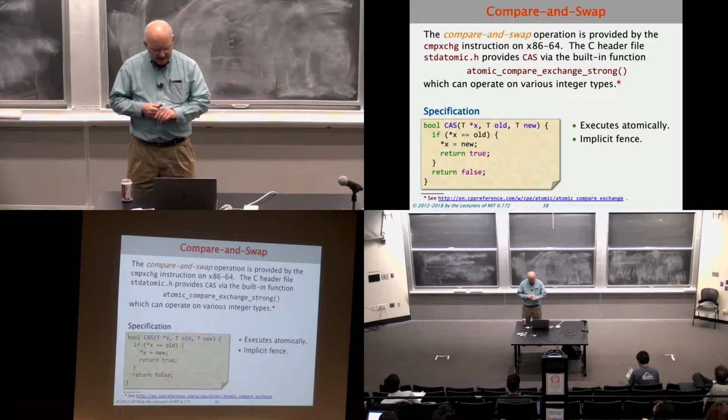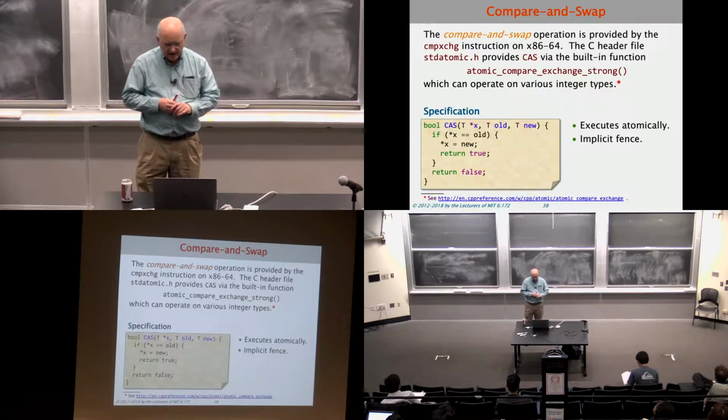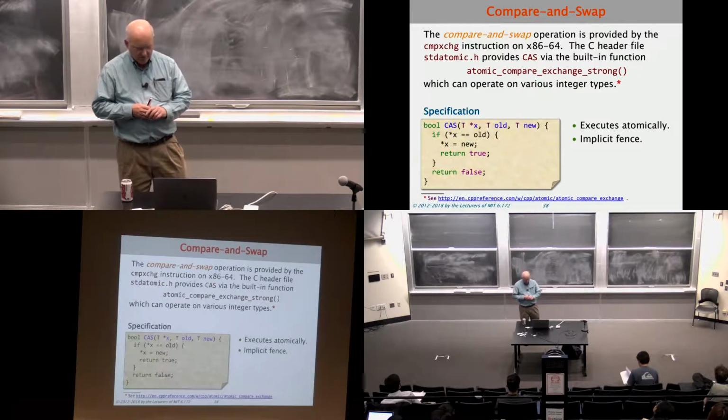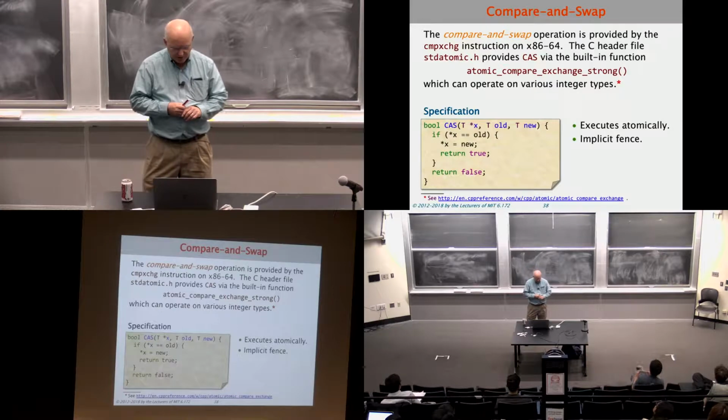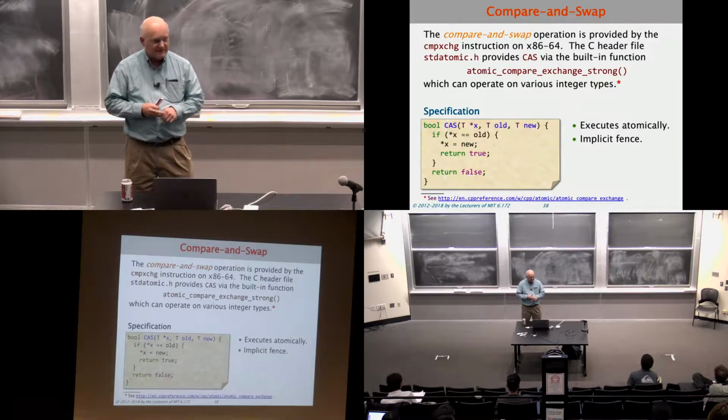It is in stdatomic.h, it is called atomic_compare_exchange_strong. And it can operate on various integer types. It cannot compare and swap floating point numbers. It can only compare and swap integers, and sometimes that's a pain.